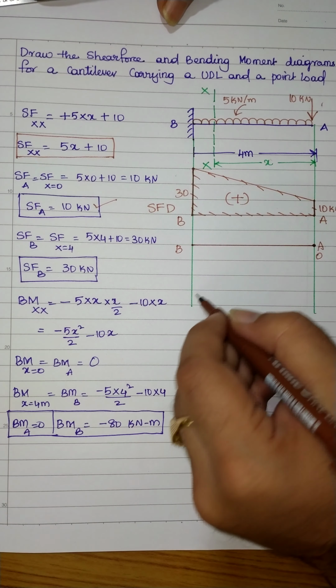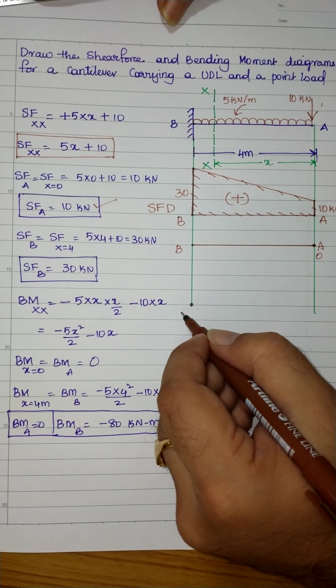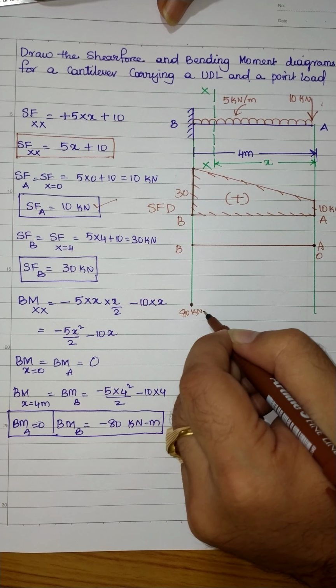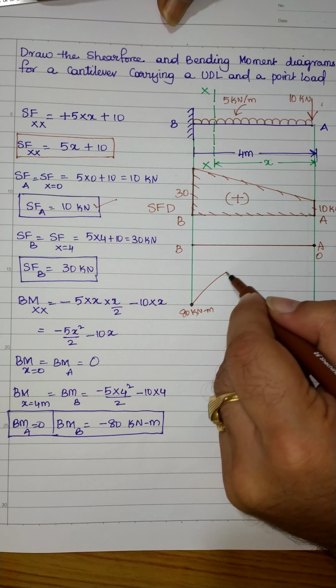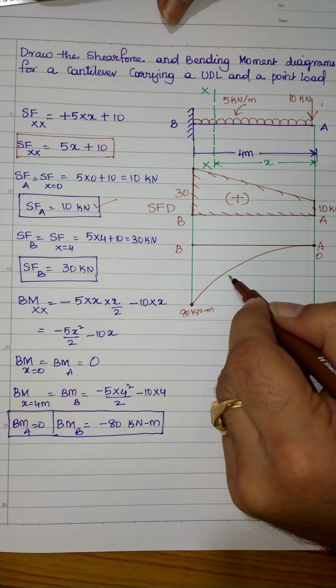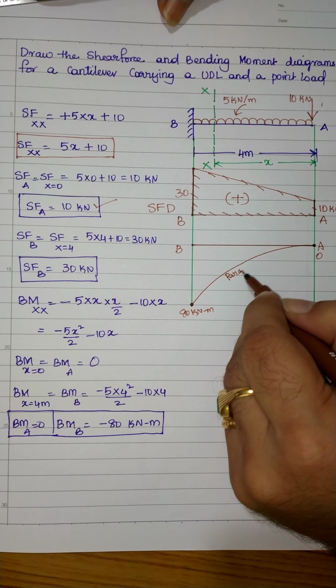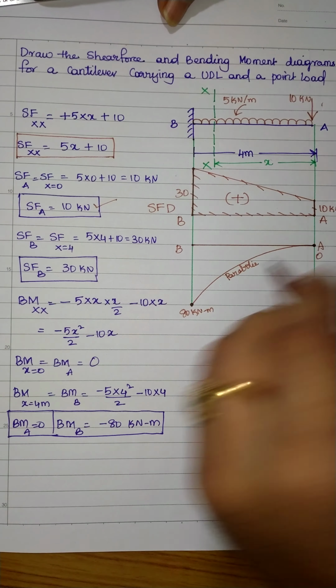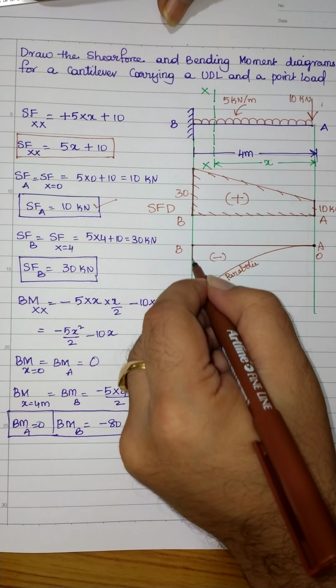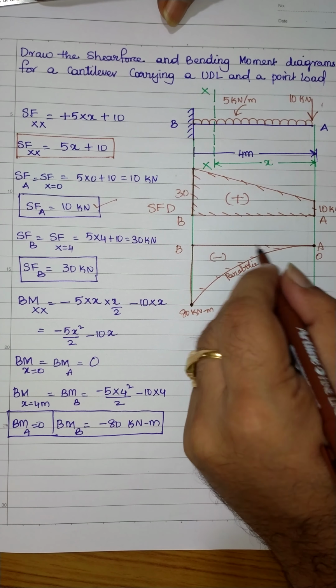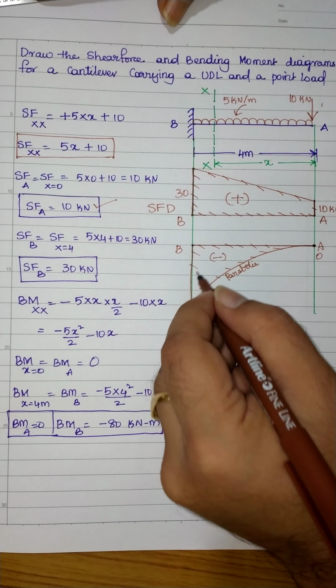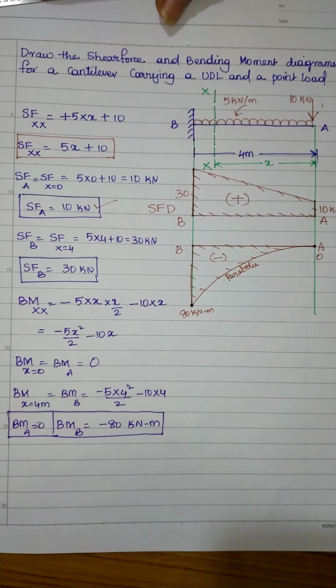Let us take this as 80 kilonewton meter, the bending moment at point B. The variation between these two points will be parabolic. I am writing parabolic here, and this is negative. This is the bending moment diagram, and the bending moment curve we obtain. That's it. Thank you.